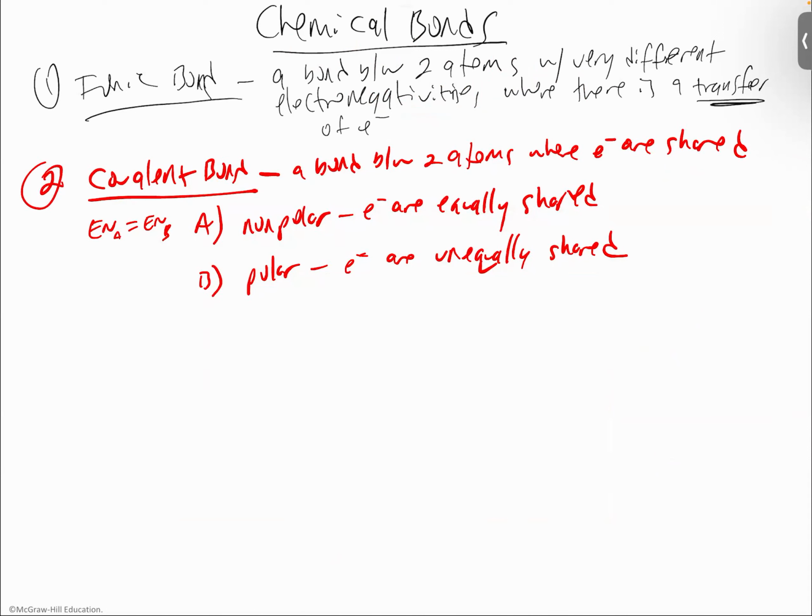Now a polar bond is going to be a situation where the electronegativity of A is greater than the electronegativity of B to varying degrees. And then, of course, in an ionic bond, you could say that the electronegativity of A is much, much, much greater than the electronegativity of B.